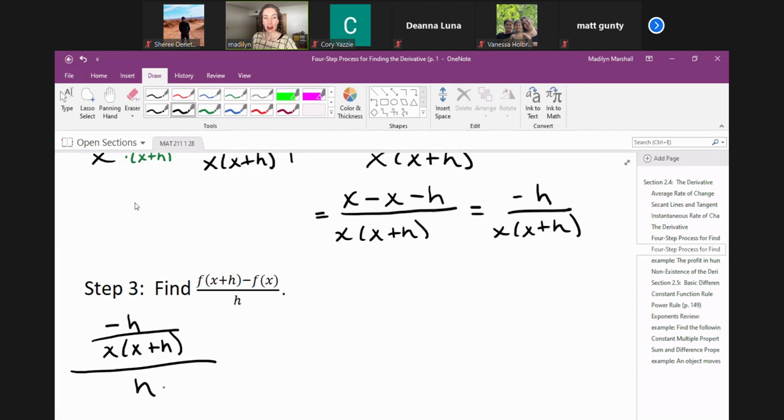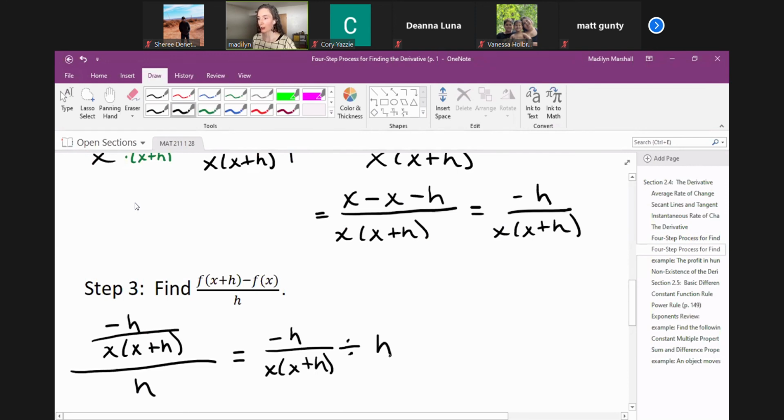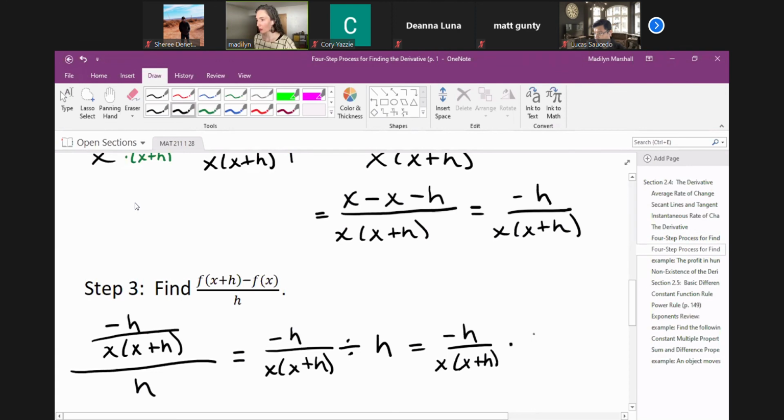So we have a fraction divided by h. So if we look at this step by step, really what's happening here is that we're dividing the top by h, which we can look at as multiplying by the reciprocal.